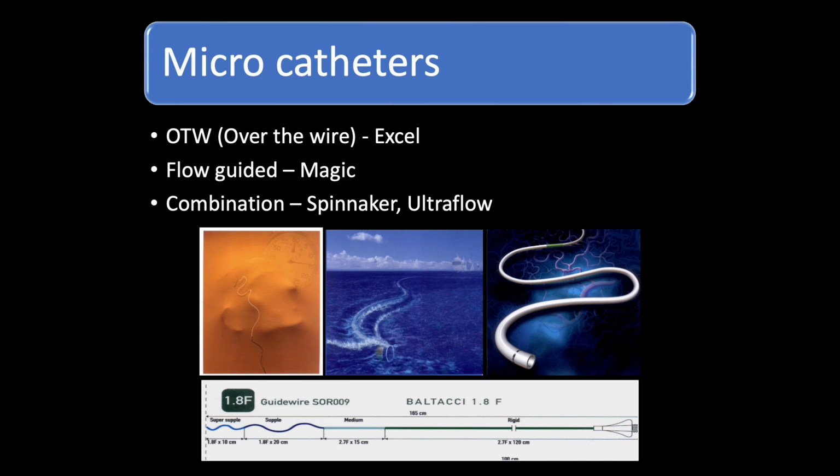Tiny microcatheters are carried on large guiding catheters, called mother catheters, which can harbor around two or three such catheters together. They are again divided into over-the-wire microcatheters and flow-guided microcatheters. Flow-guided means it will swim along the blood flow. Even if you don't have a wire, it will go along with the blood flow.